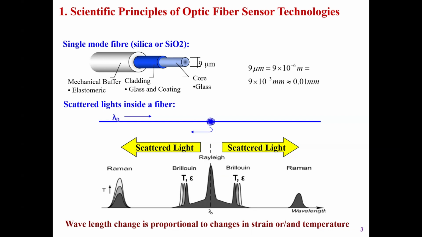In some technologies, they can get scattered light continuously along the fiber, without stopping. So people can then identify the strains and temperatures along the fiber continuously. This is what we call distributed sensor technology, the distribution of strain and temperature along the fiber. It's actually very interesting for so many engineering applications.